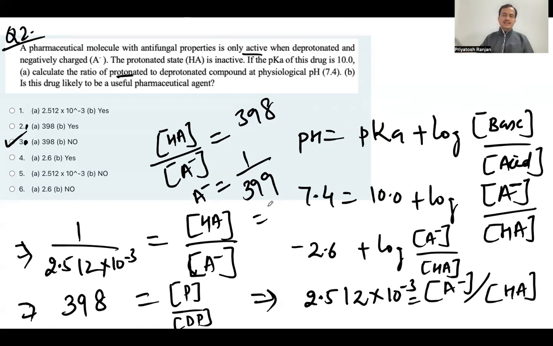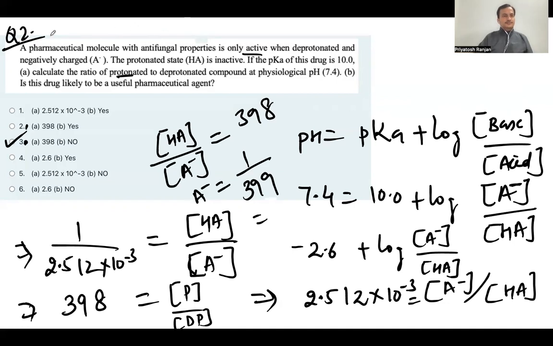So there are very few molecules of the deprotonated, negatively charged form, which is said in the question to be the one carrying the antifungal properties. This drug is not going to be useful as a pharmaceutical agent, because it's going to remain in the protonated form at that particular pH value.